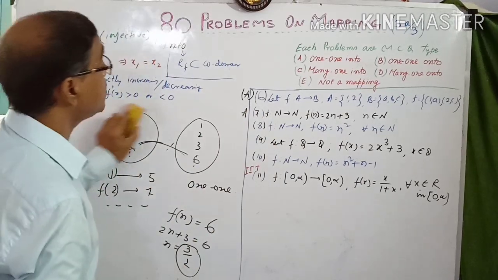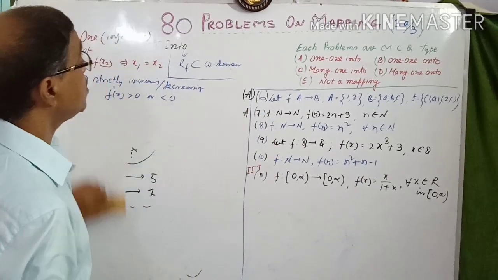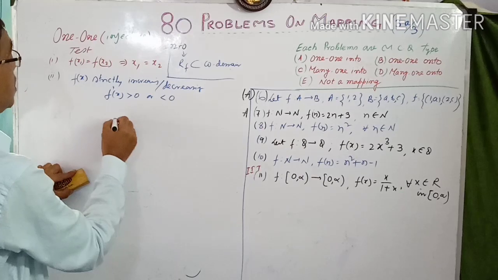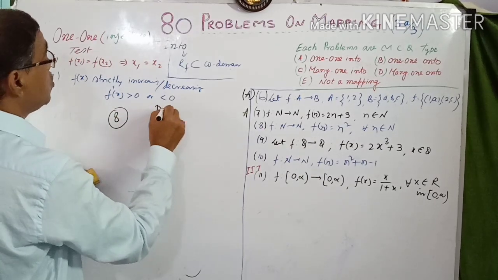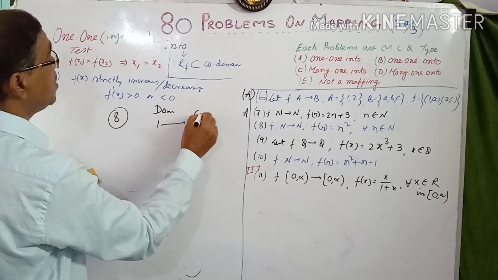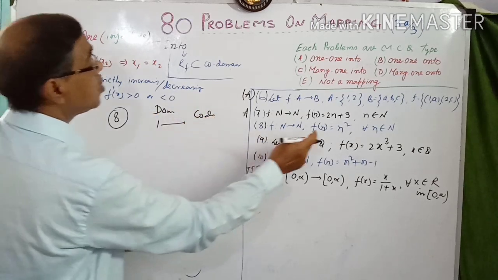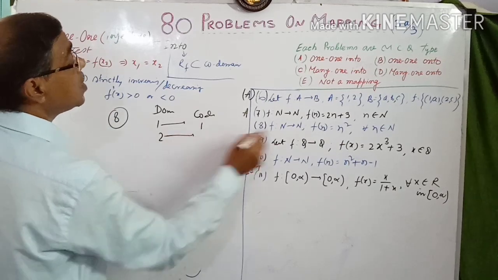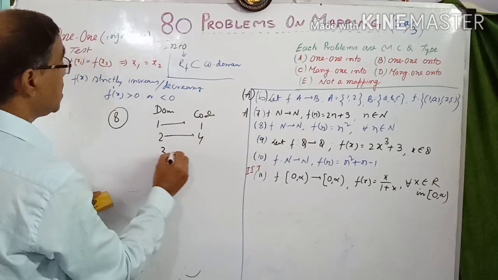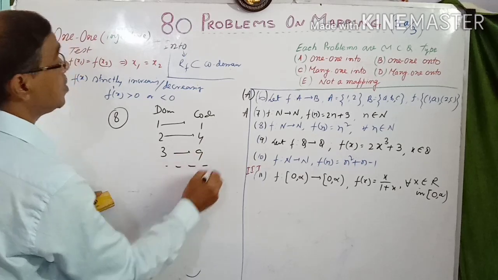Now for problem 8, f(n) equal to n square. For problem 8, f of 1 gives, domain, codomain. 1 gives the result 1 square, 1, 2 gives the result 4, 3 gives the result 9, and so on.